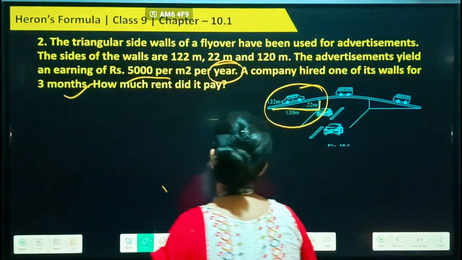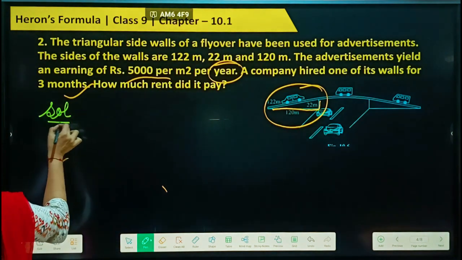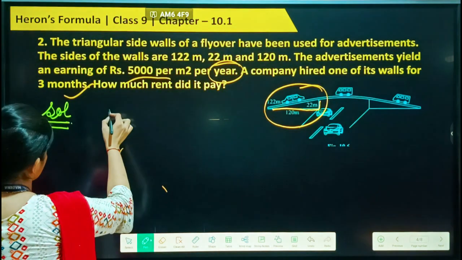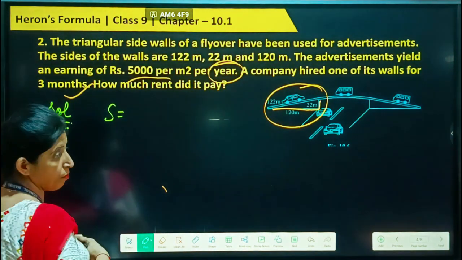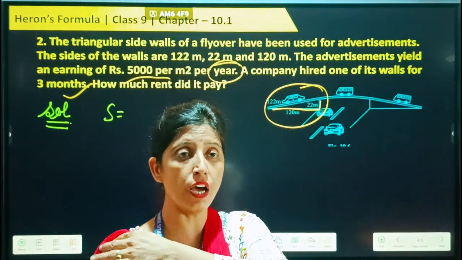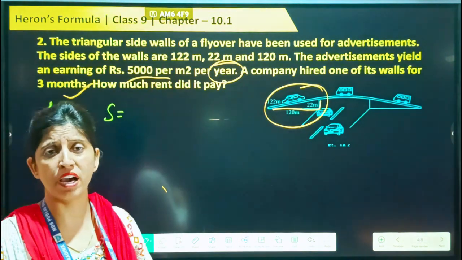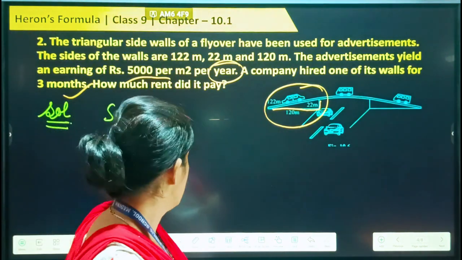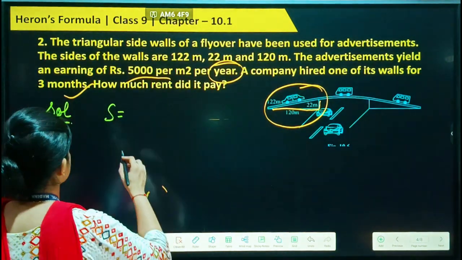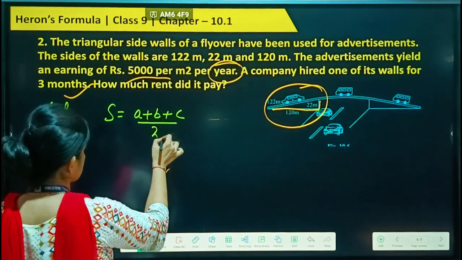ठीक है, so now we will do the solution. First we will find the area, right? Because the triangle is given and all sides are given, first we will find the semi parameter. Because all sides are not equal, we are using Heron's formula here. We can find any triangle's area by using Heron's formula. Side A plus B plus C by 2, that is the semi parameter.